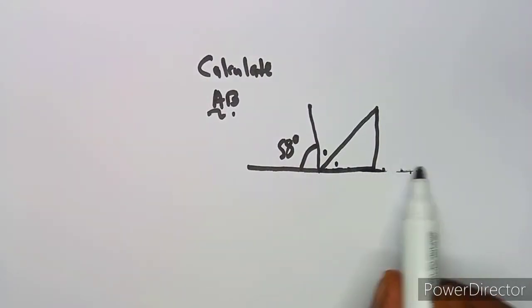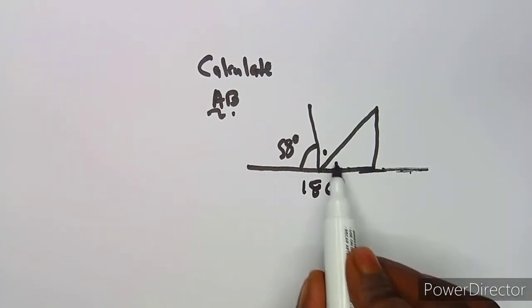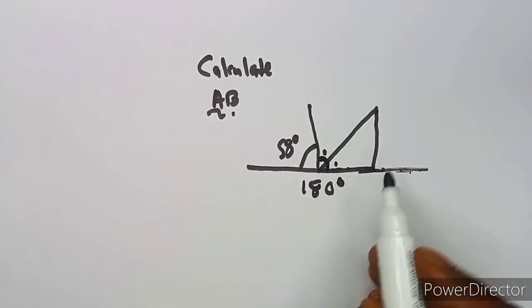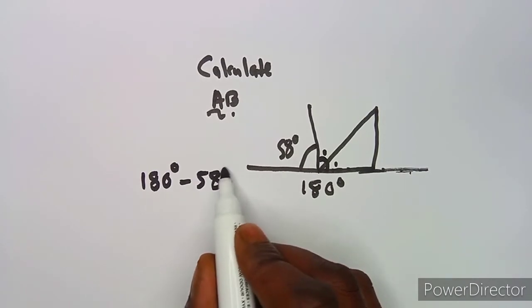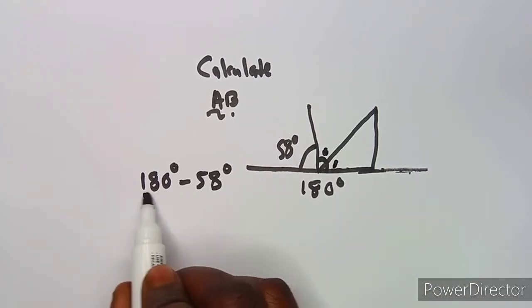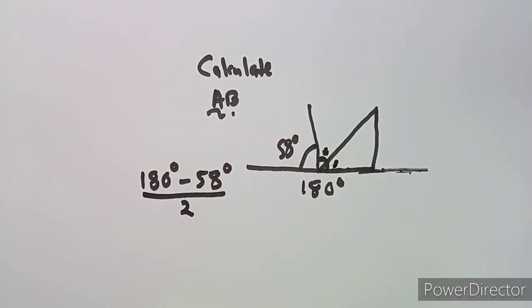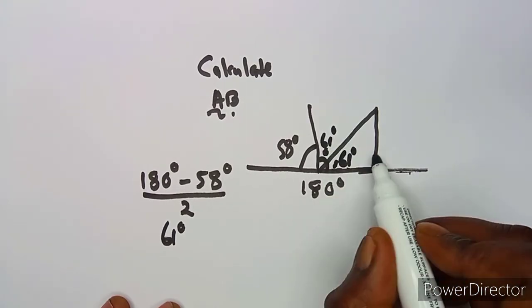But we know that angles on a straight line add up to 180 degrees. So in order to find this whole angle, you're going to have 180 degrees minus 58 degrees. But we said these two angles are equal, so you then divide by 2 so that you can obtain one of the angles, which is going to be 61 degrees. So this is going to be 61, and this is going to be 61, and this is a right angle.